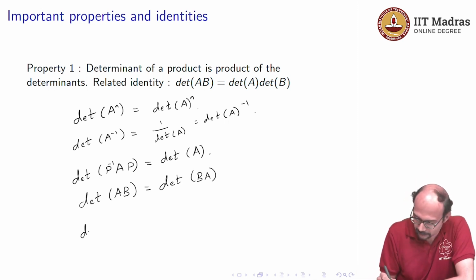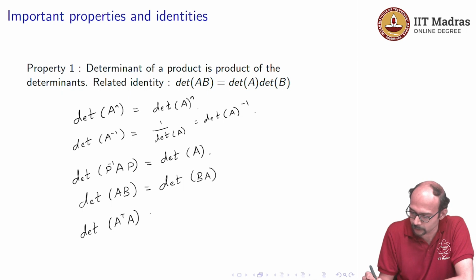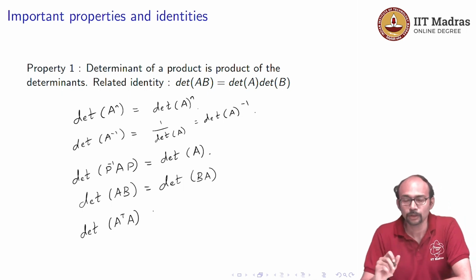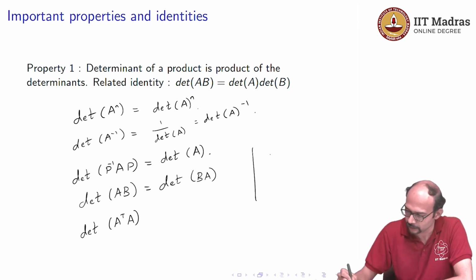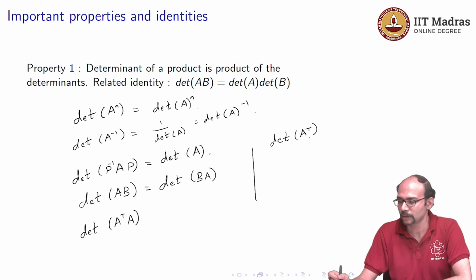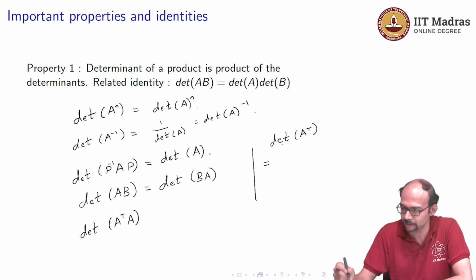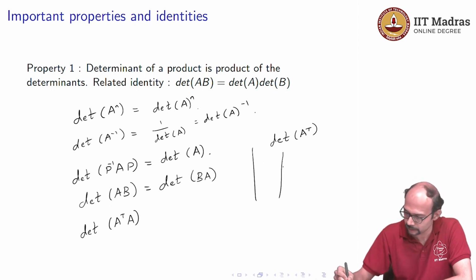Okay, and the final identity that maybe one can write down, so determinant of A transpose A. So maybe before I even do this, I should ask, what is determinant of A transpose? So now given that we can expand along any row or column, so for A transpose, instead of expanding along the first row, we expand along the first column.